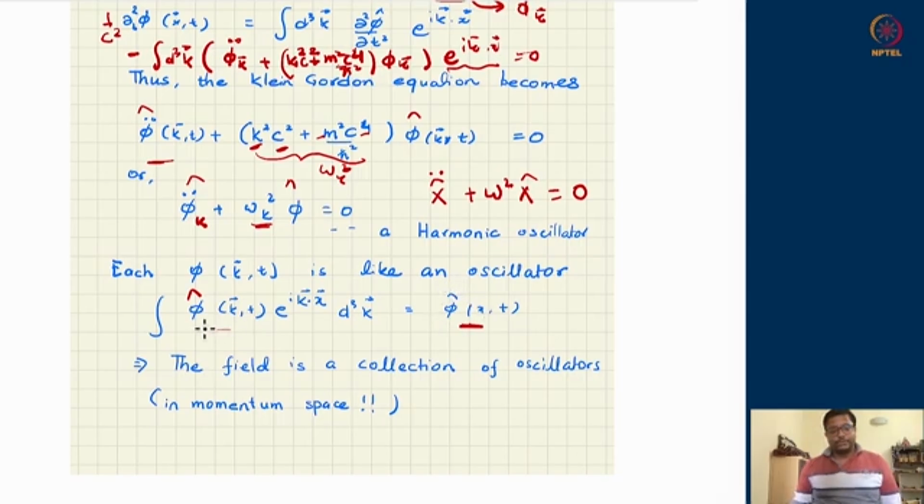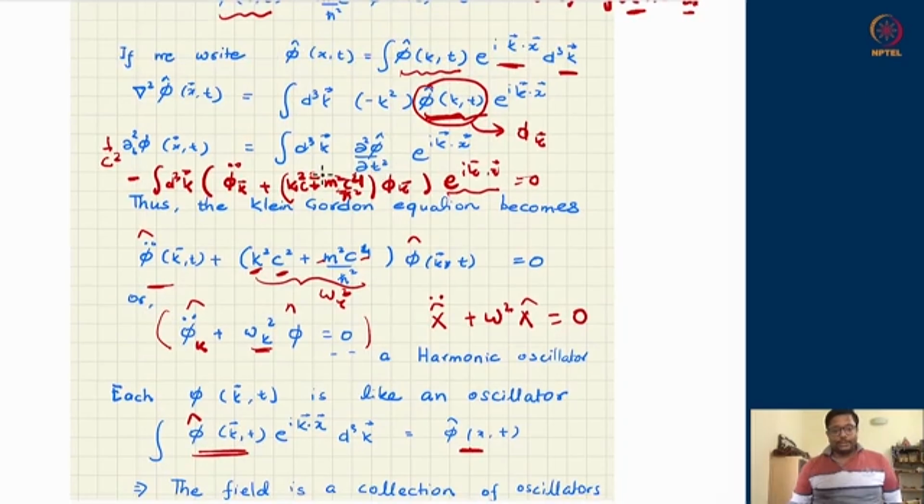And the crucial thing about this is that these new set of operators in momentum space, phi k of t, behave as oscillators. When I tried this, I demanded that this equation should be true for all k. Here also I demanded that the integrand should vanish for all k's.